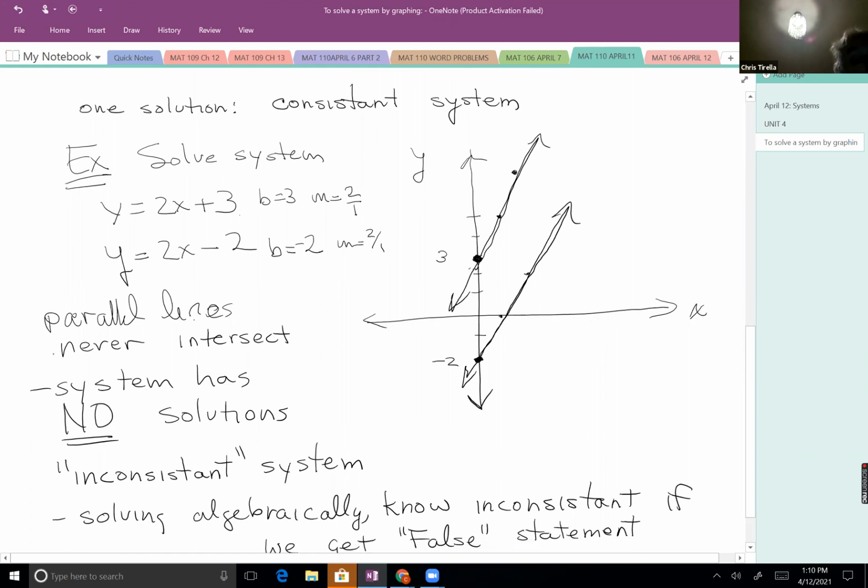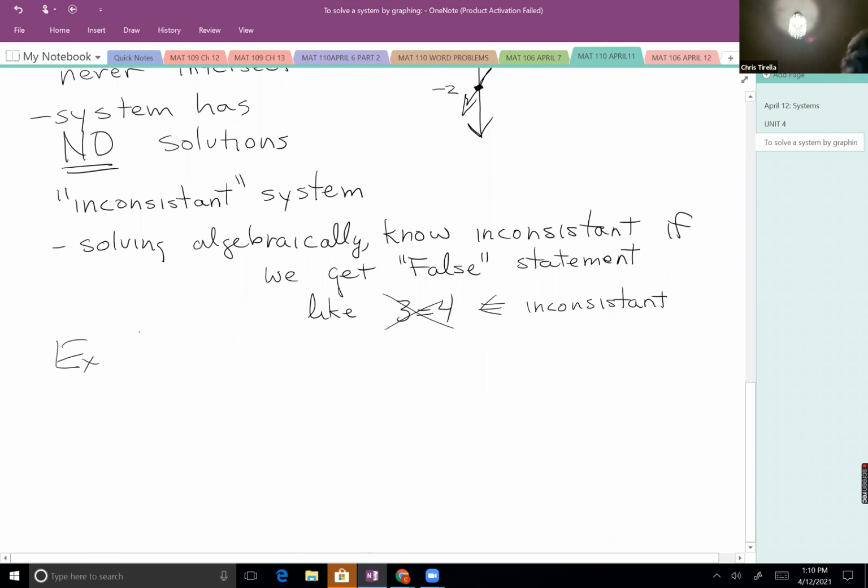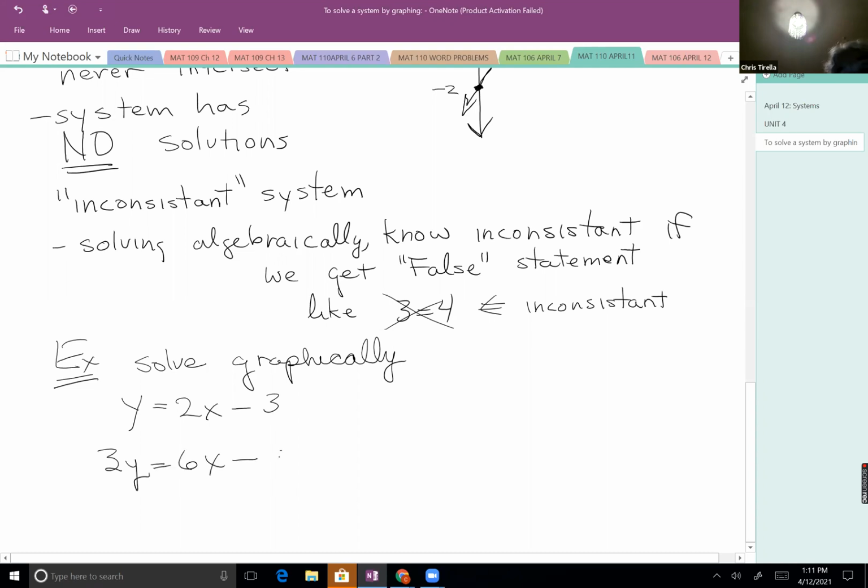One more of these graphing. This time, let's solve graphically. And this time, let's have our system be y equals 2x minus 3 and 3y equals 6x minus 9.